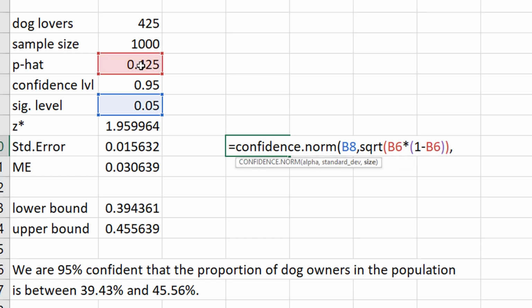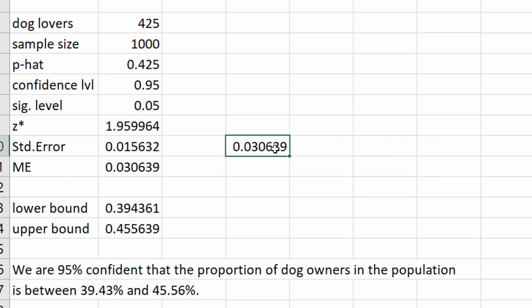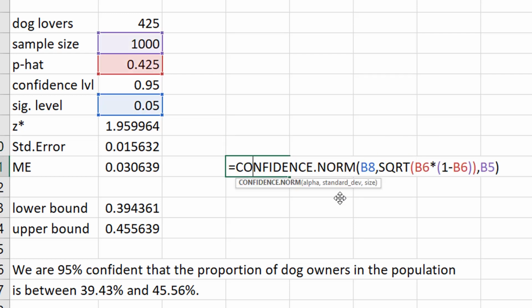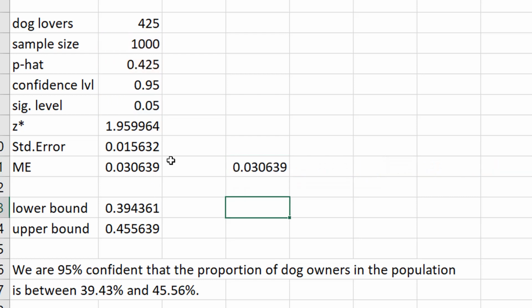And then I give it the sample size of 1,000. This should also calculate my margin of error for me. You have to give it the standard deviation parameter in your function, and it has to be the square root of p hat times 1 minus p hat. It'll calculate the margin of error for you if you want to use that. It saves a little bit of time, but not a ton. Of course, if you use other software, it's going to be way easier.